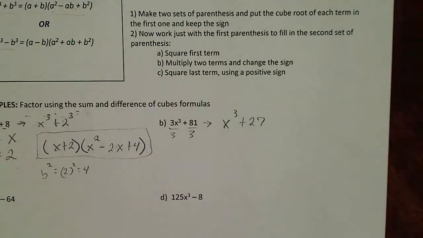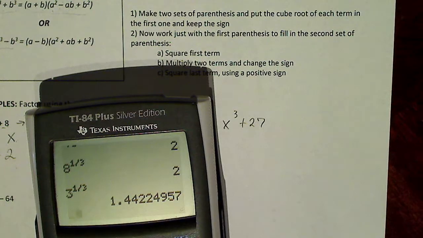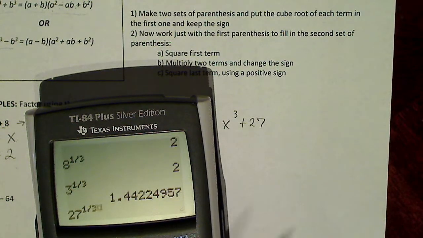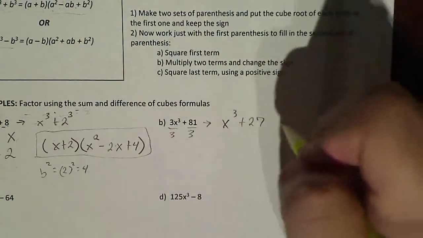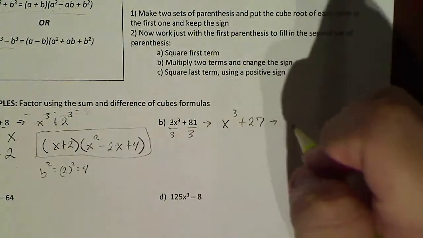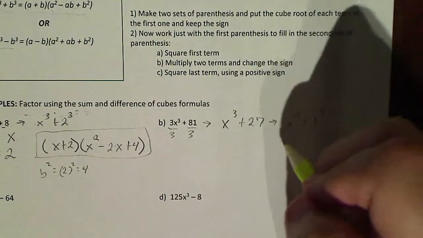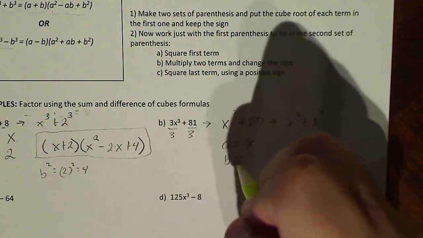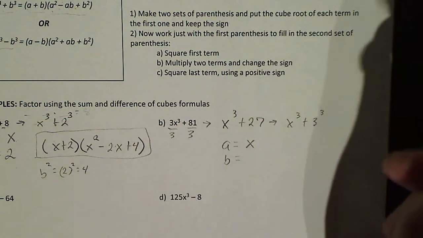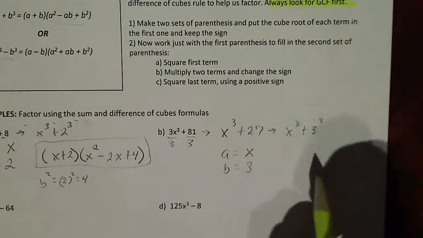Well, 27 can be cube rooted to 3. So it's the same thing as x cubed plus 3 cubed.